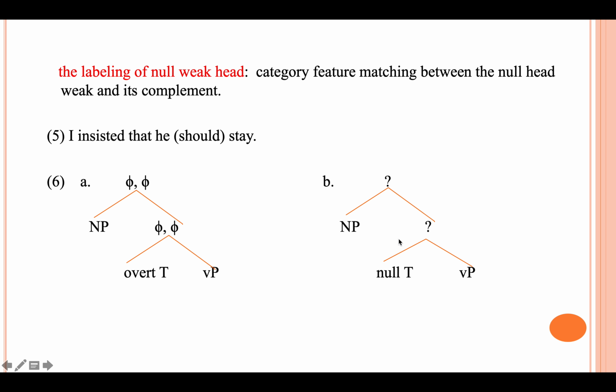So we can say that category feature matching may be the right choice for the null head to have its mother node labeled. Based on this reasoning, I propose that if the head is null, then it's a null weak head, and it cannot have its mother node labeled on its own, and it must have feature checking or matching with the phrase in its complement position to have its mother node labeled.